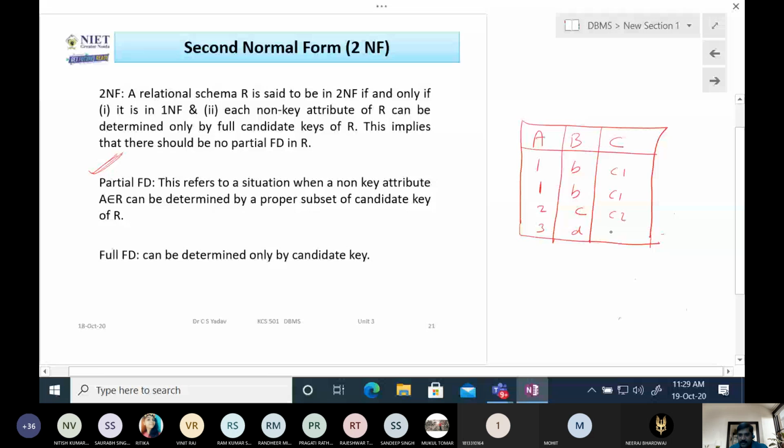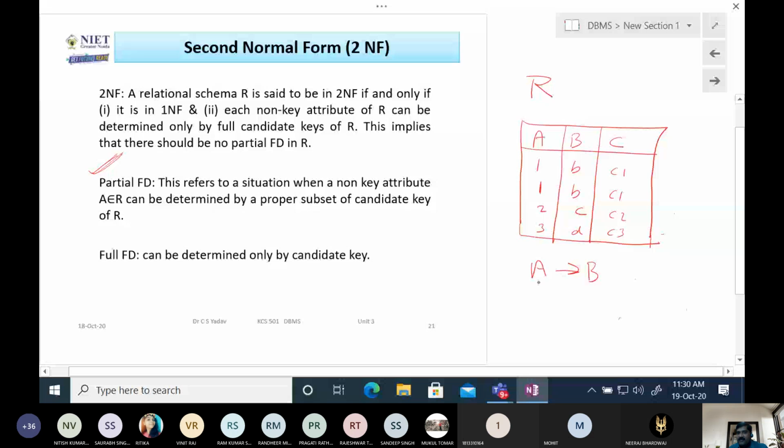Now we write functional dependency like this: A determines B. When will you say A determines B? This is the table R. If any two tuples agree on their A values, they must agree on their B values.